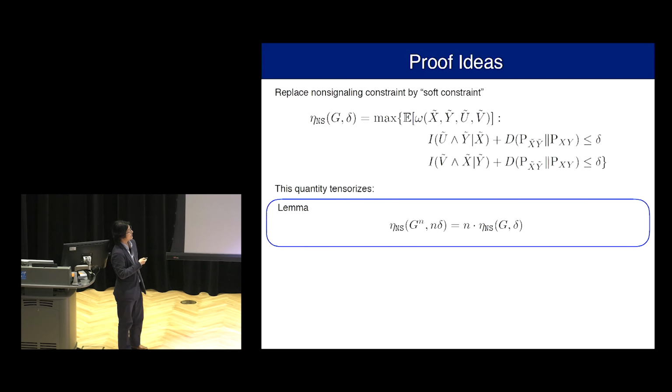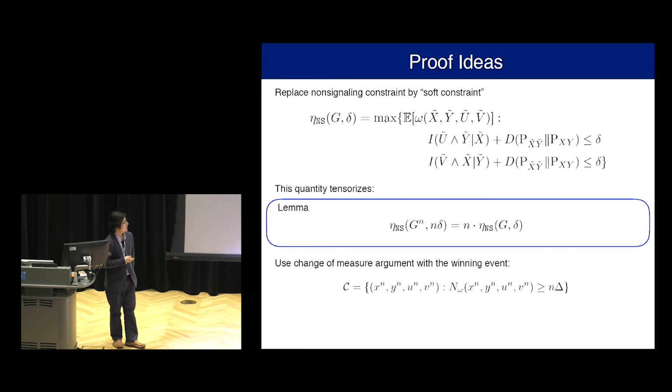That is, the value for the n letter game is n times the value for the single letter game. Then we use change of measure argument by conditioning on the winning event. And by a similar manipulation as in the proof of strong converse, we can prove parallel repetition theorem.